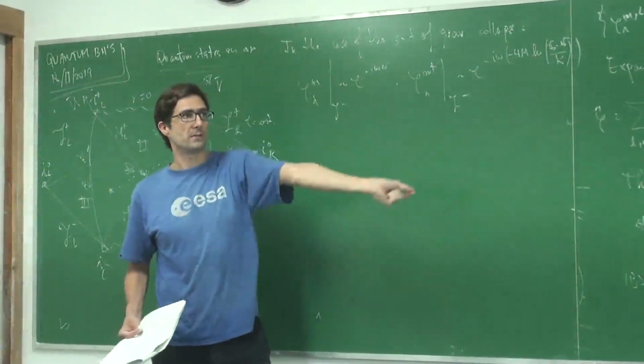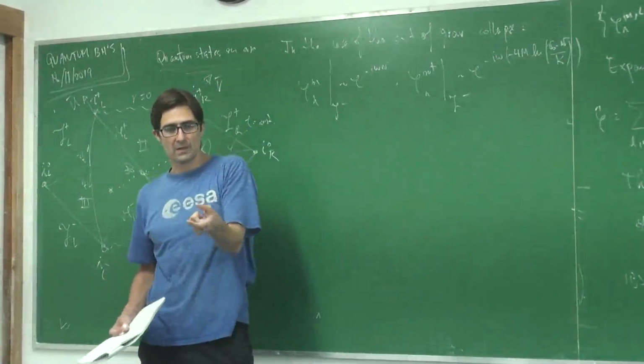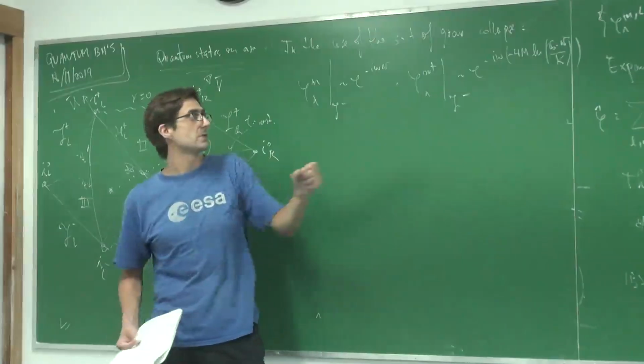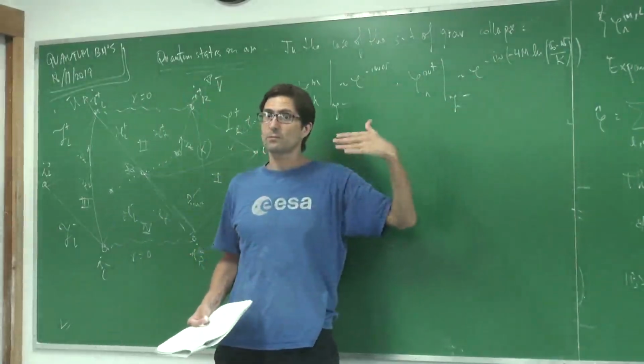We traced it back, reflected through r equals 0, going down to chi minus, and that's the form we found for this mode.